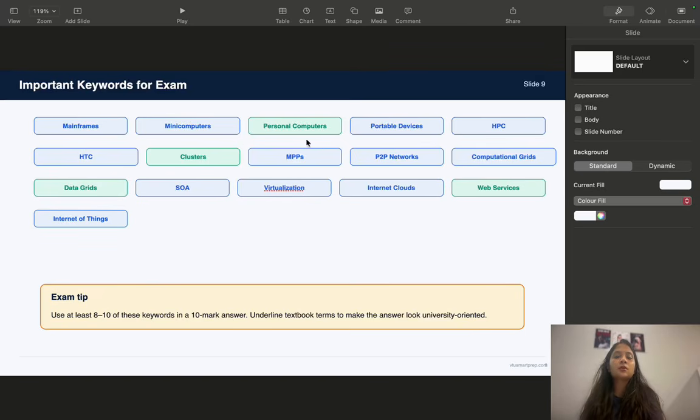Mainframes, mini computers, personal computers, portable devices, HPC, HTC, clusters, MPPs, P2P networks, data grids, SOA, and write the full form of it, virtualization, internet clouds, internet of things, and web services. These keywords you have to use, and do not forget to underline them.